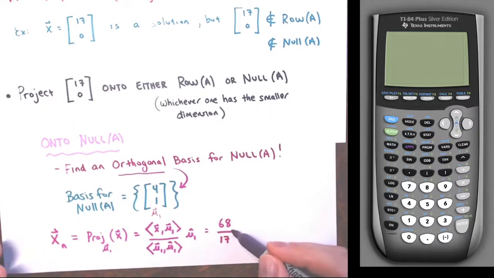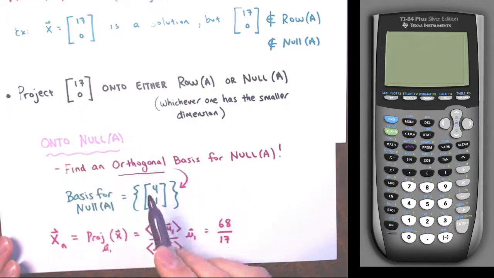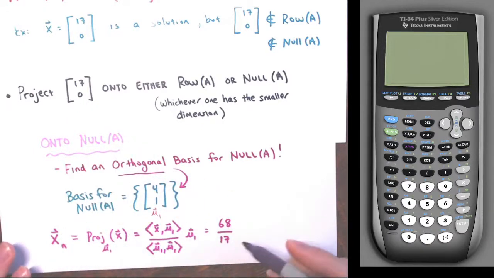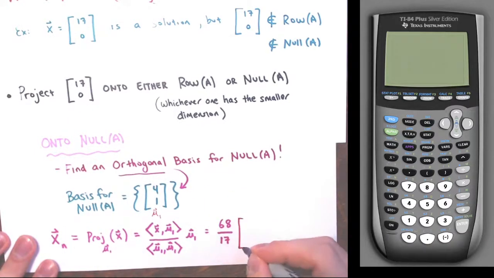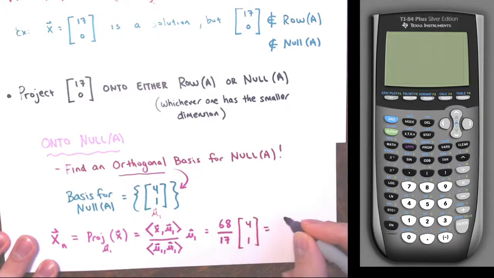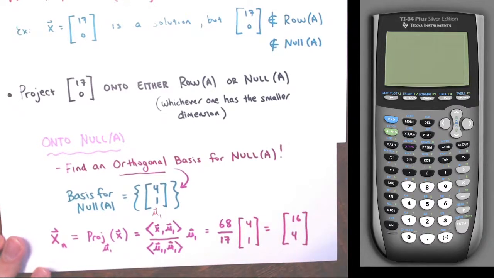So the scalar is just 4, since 4 times 17 is 68. So 4 times u1 is the vector 16, 4. There's the projection of 17, 0 onto the null space.